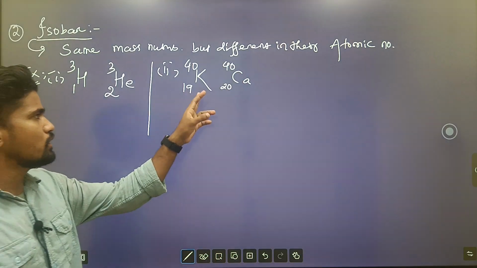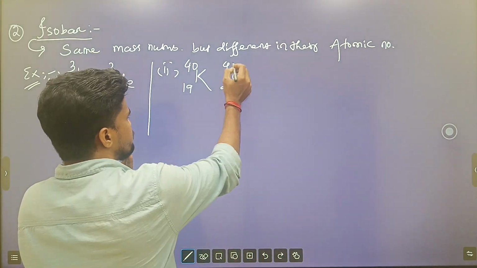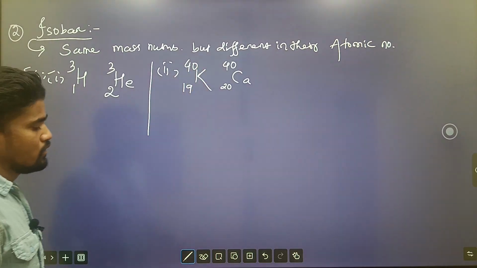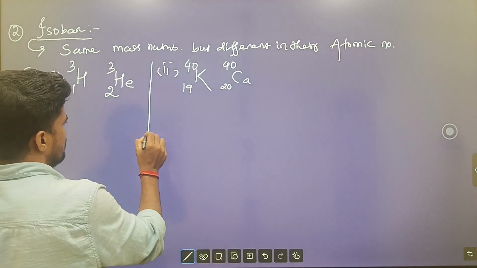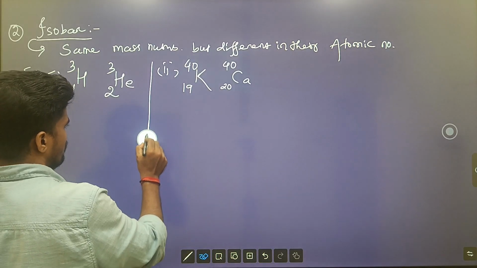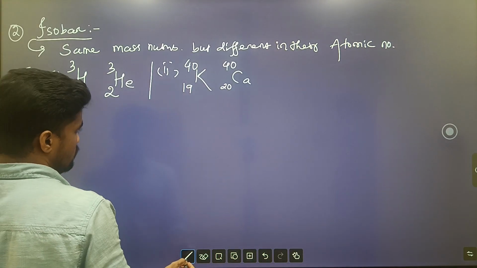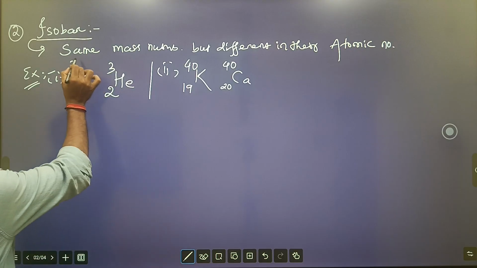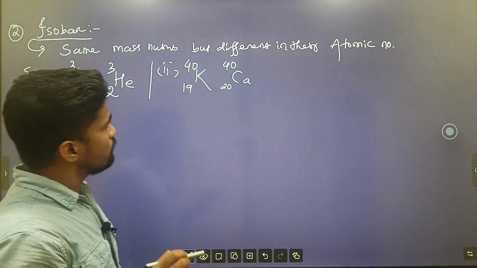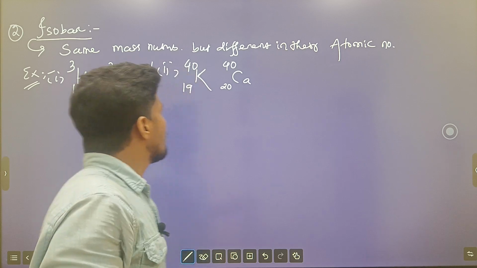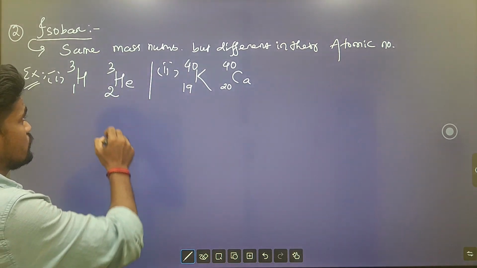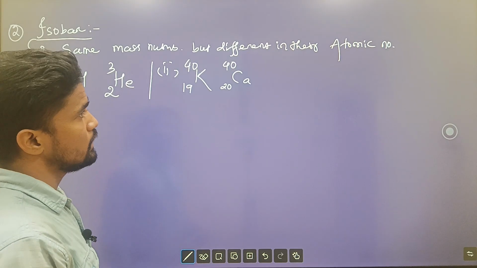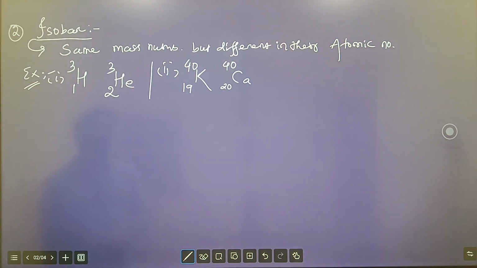The atomic number is different but the mass number is the same. What do we notice here? Tell me. The same mass number, that means the same value of A, but different atomic numbers.